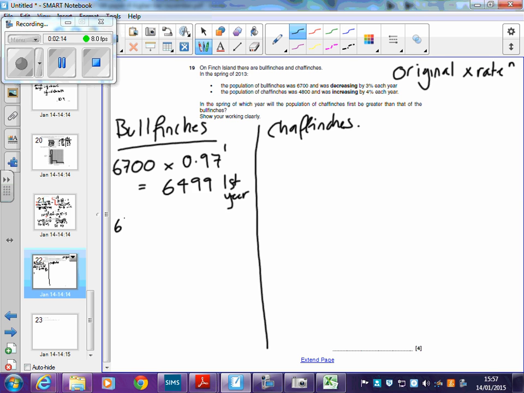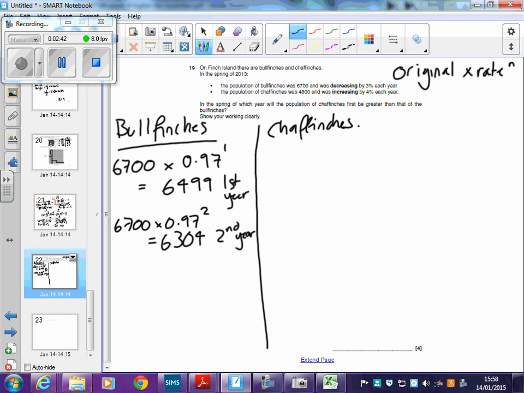Second year, 6,700 times 0.97 to the power 2 equals 6304.03, but I'm not writing that down, and that is after the second year. Notice each time I'm writing down the nearest whole number, but I am typing in the full formula.